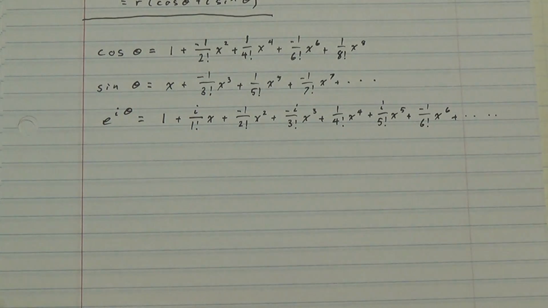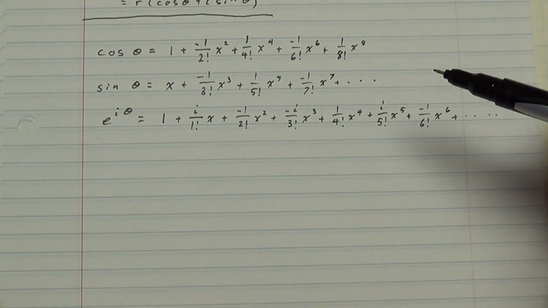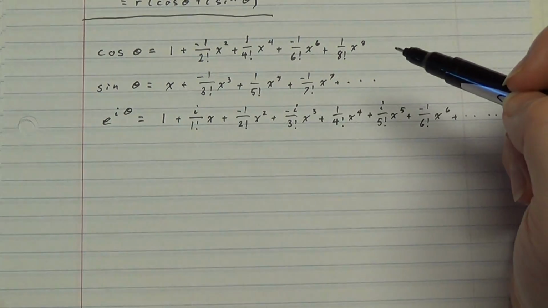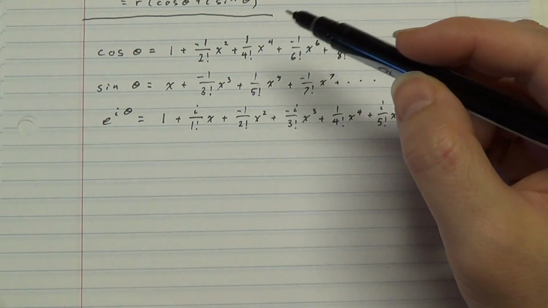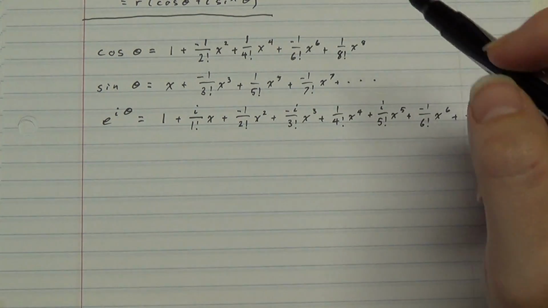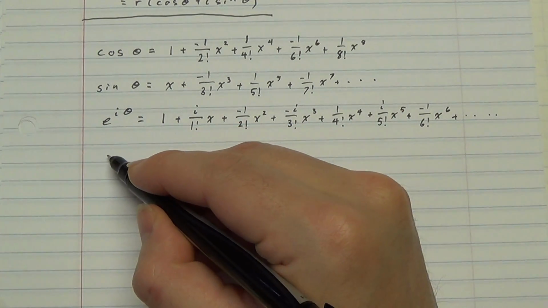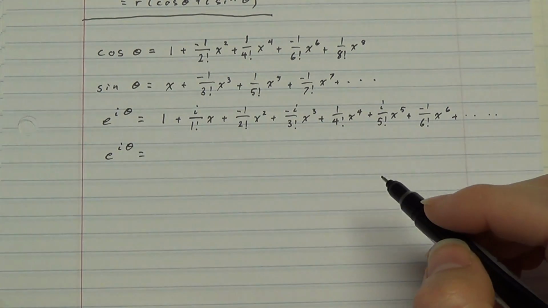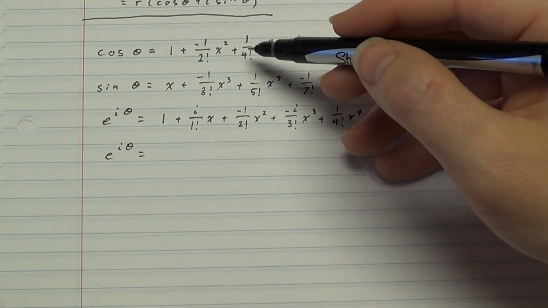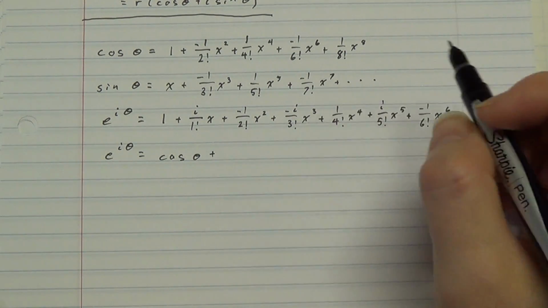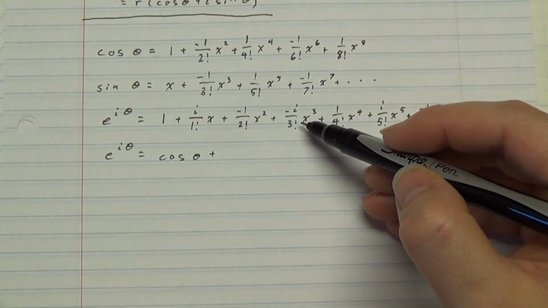Now notice, these terms match up. These match up except for an i. These match up. These match up except for an i. These match up, and so on. So we've shown that e to the i theta is cosine theta plus i times sine theta.